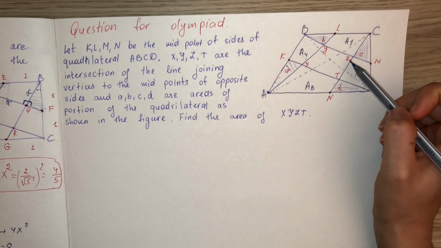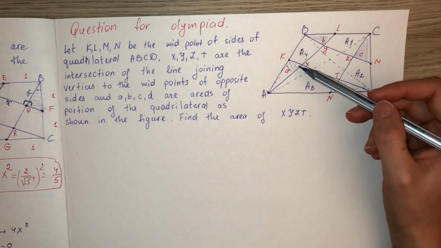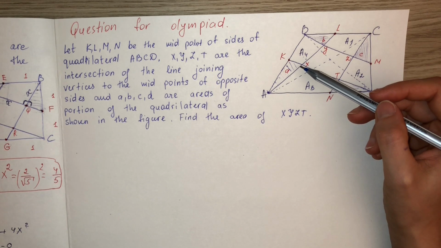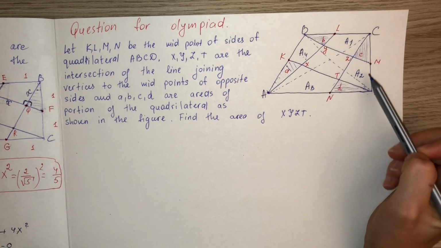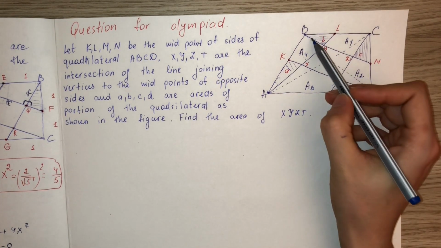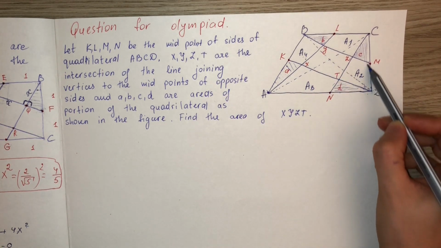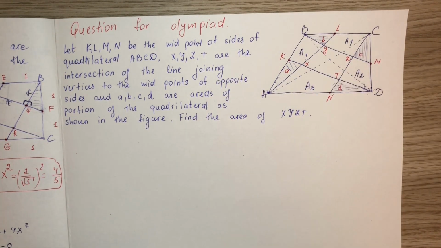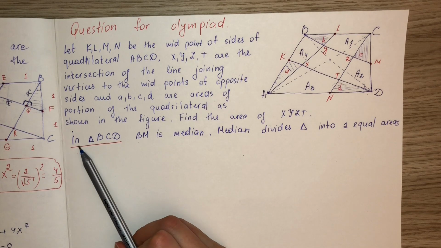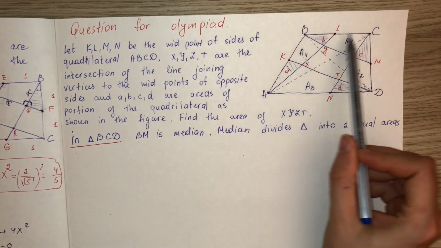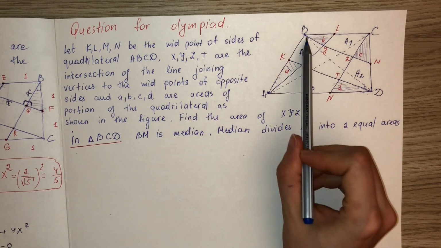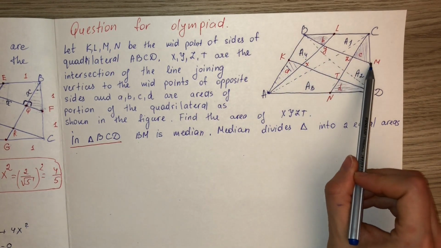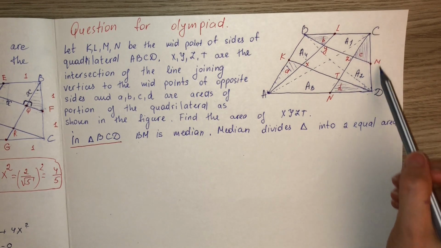In triangle BCD, B, C, and D, in this triangle, BM is a median because M is the midpoint of CD.